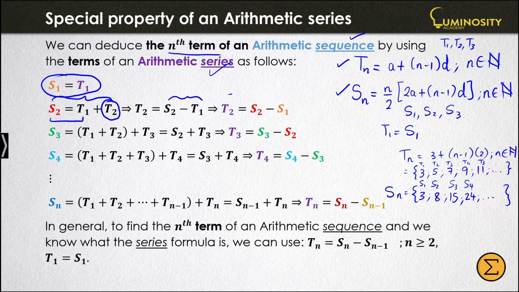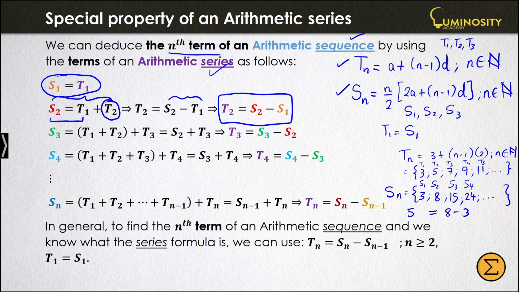So I can rewrite T2 as S2 minus S1. So the second term is the sum of the first two terms minus the sum of the first term. Let's see how that works in this example here. T2 is 5. And if I do S2 minus S1, that's 8 minus 3. Those are equal. 8 minus 3 is 5.